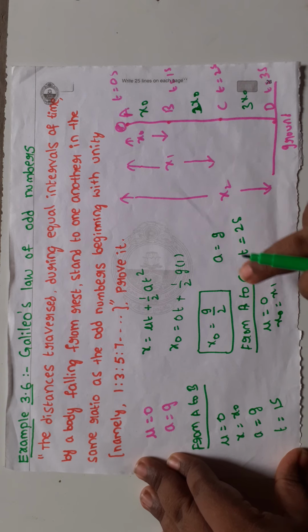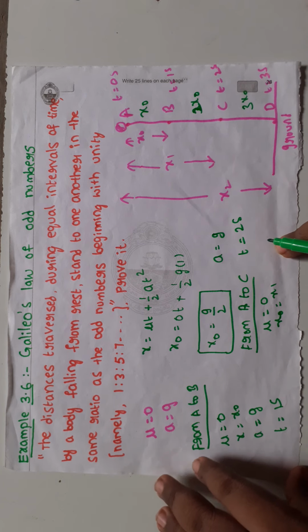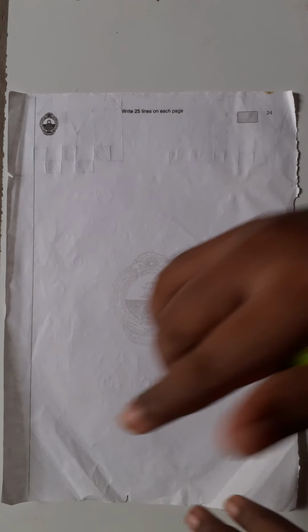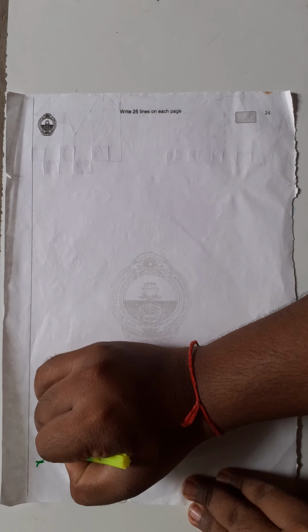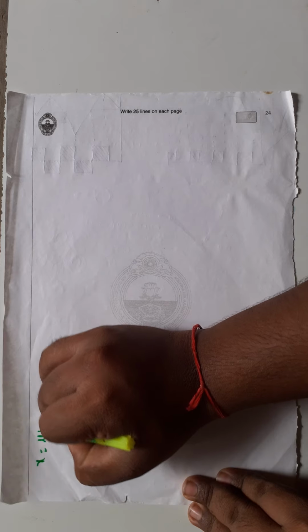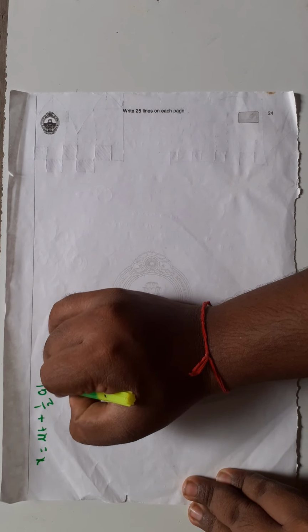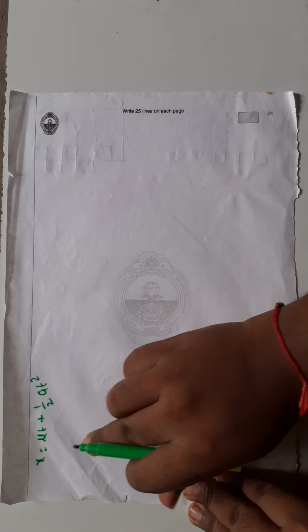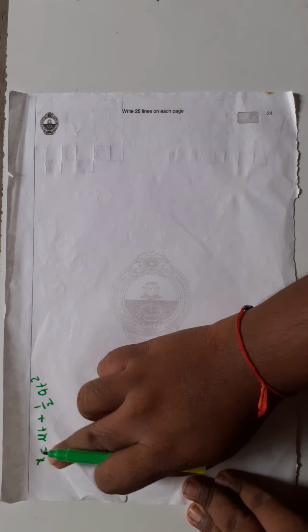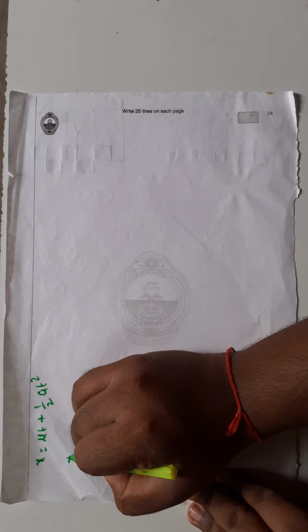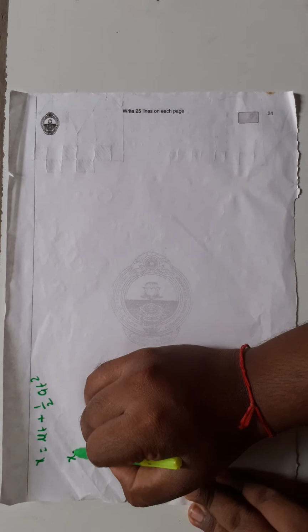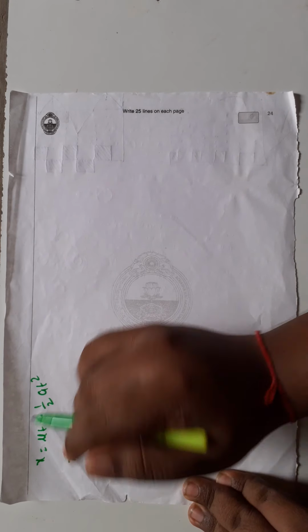Substitute all these values in x equal to ut plus half at square. What is the x value from A to C distance? Displacement is x equal to x1.